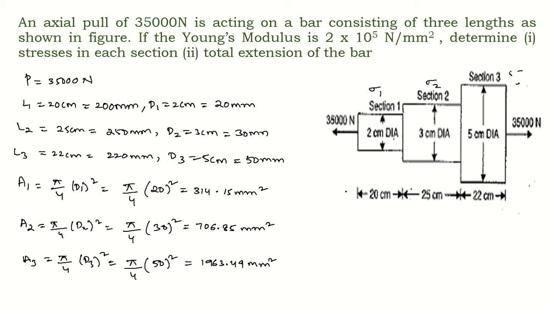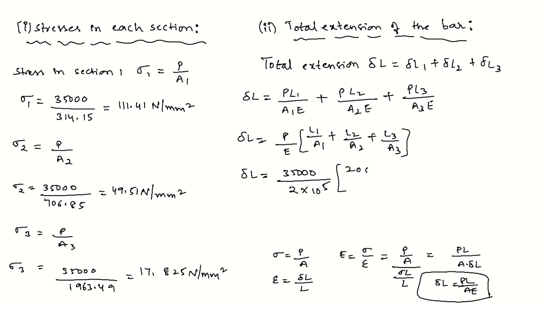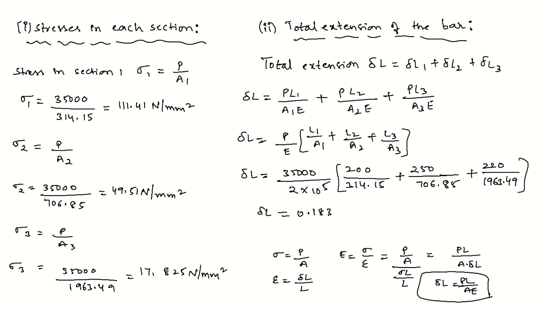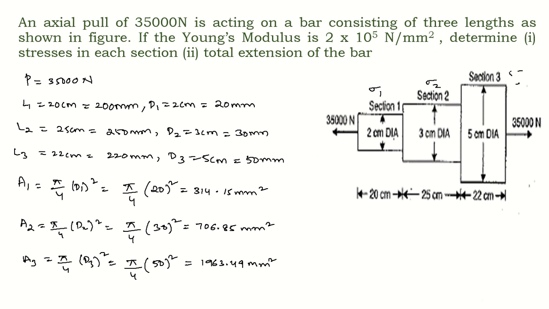L1 is 200 by A1, which is 314.15, plus L2 is 250 by 706.85, plus L3 is 220 by 1963.49. So just put it in a calculator and solve it. You will get delta L as 0.183 mm. This is the answer. Okay, so like this you have to solve for bars of varying cross section when there is only one single load.